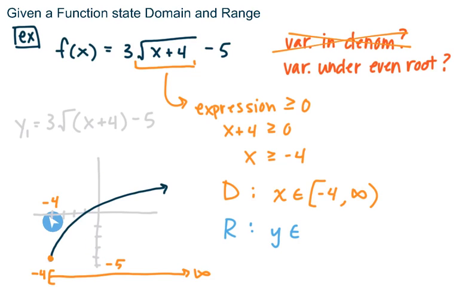So reading domain, left to right, that's the way we read. But in the English language, when we're reading, we read from top to bottom. So you want to make sure that you are stating this range in interval notation from least to greatest. That's going to be the lowest number at the bottom to the highest number.